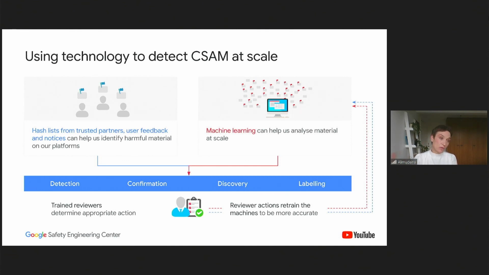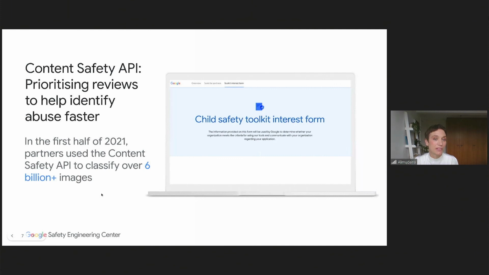And in the first half of 2021, that has helped partners that make use of this tool classify over 6 billion images. This wouldn't be all 6 billion images containing child sexual abuse material, of course, but it's all the content that the classifier has gone through to establish whether the content might contain child sexual abuse material or not.